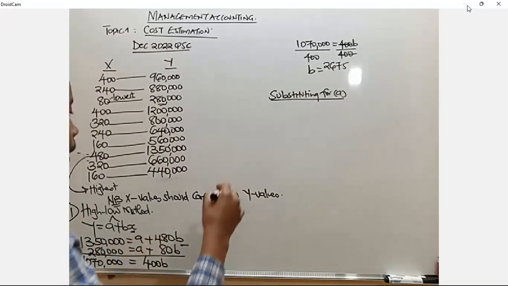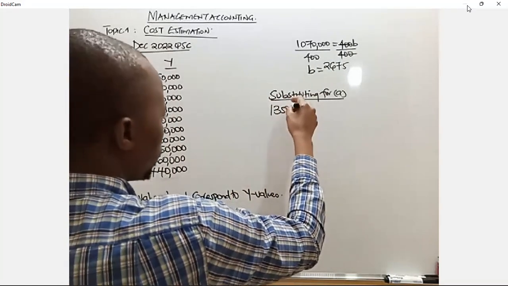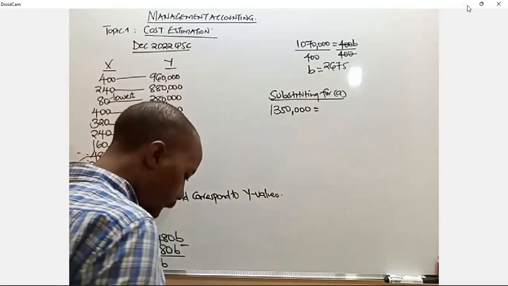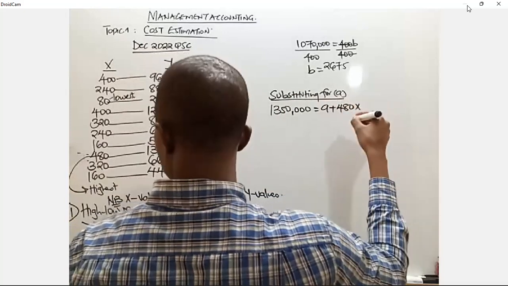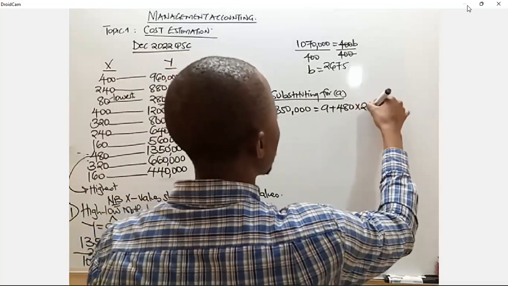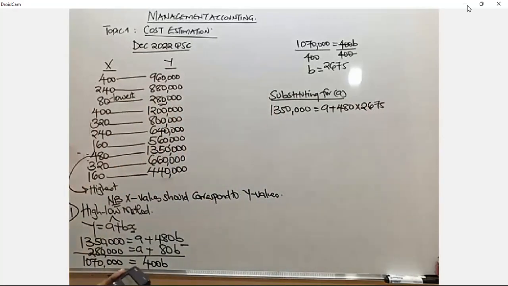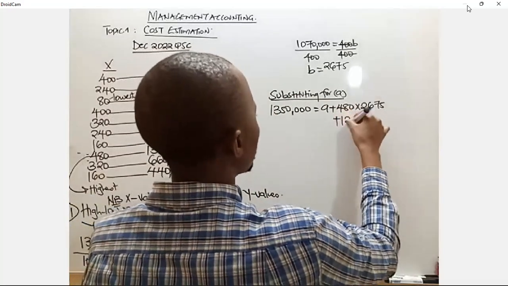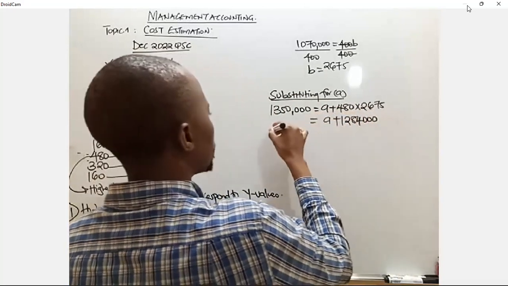I pick 1,350,000, which should be equal to A, which we don't know, plus 480 times 2675. So I just need to multiply my answer in my calculator by 480, and I get 1,284,000, plus A, which is equal to 1,350,000.